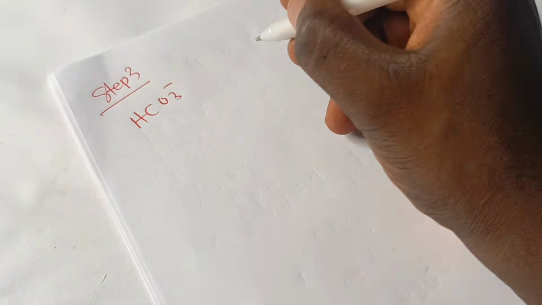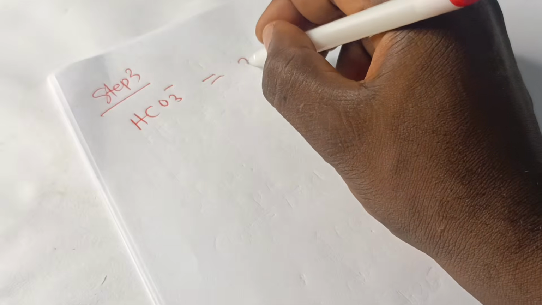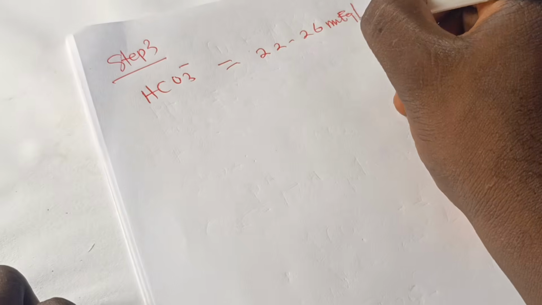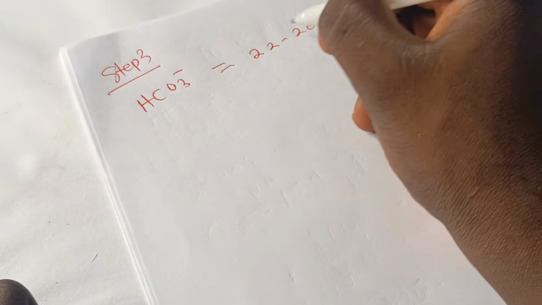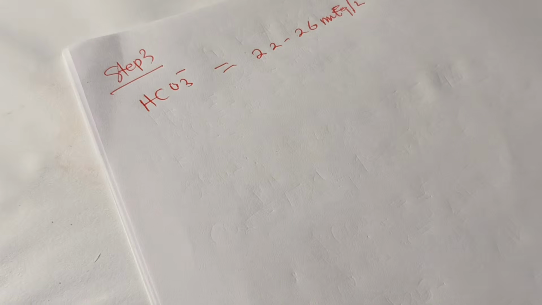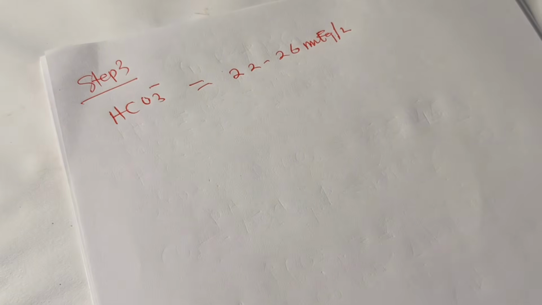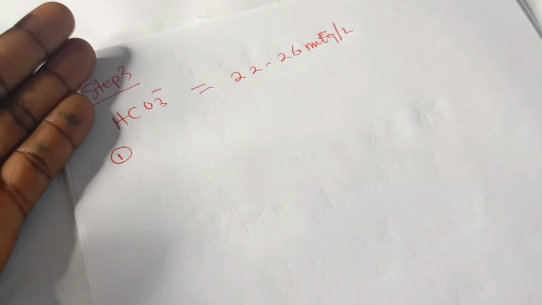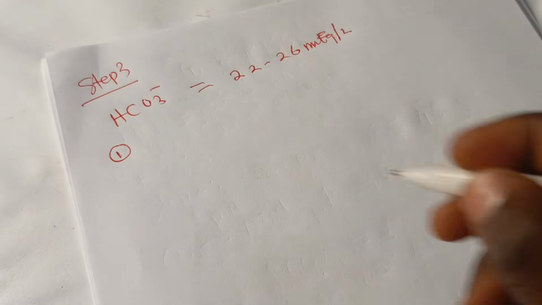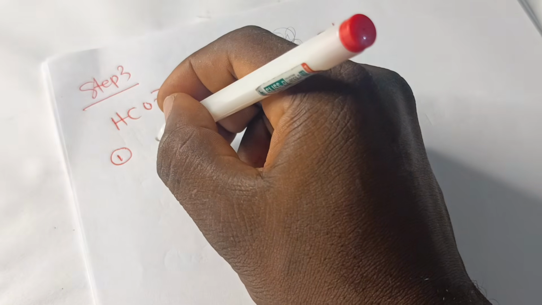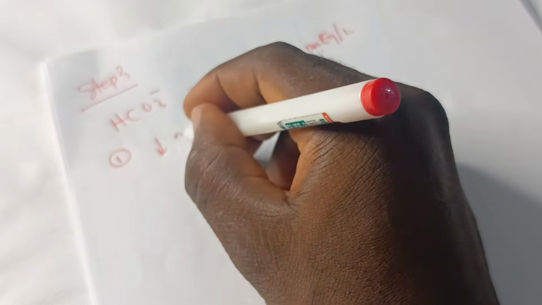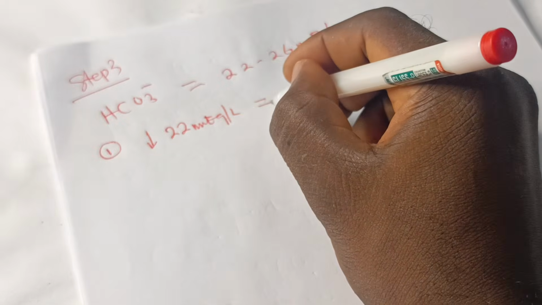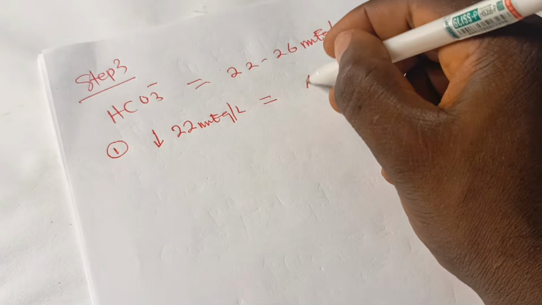This is the one we said the normal value is 22 to 26 milli equivalent per liter. They are measuring the charge. It's an electrolyte. Because it is a base, if the value is less than 22 milli equivalent per liter, the meaning is that we will have acidosis.